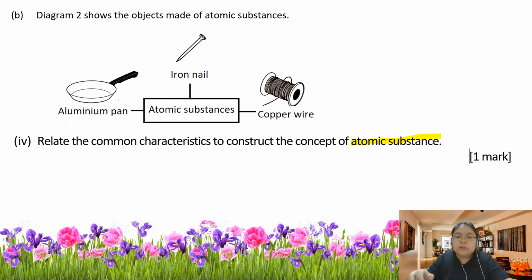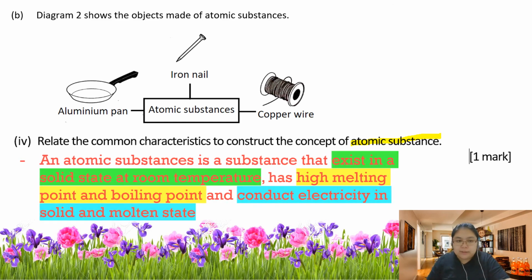Okay, so we see the format of how we write it. Can you see the first part? An atomic substance is a substance. So you must start with this one, because there is a main object that exists. Then you copy the answer from just now: exists in a solid state at room temperature, has high melting point and boiling point, and the last one, they conduct electricity in solid and molten state.